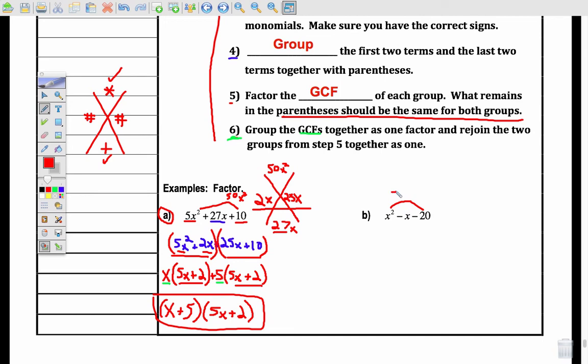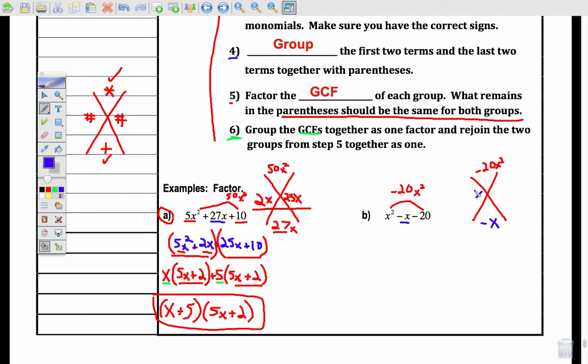Same steps. First thing we did, multiply these together, which gives us negative 20x squared. All right, set up our x. Got negative 20x squared on top. The middle term in this problem is negative x. So that's what goes right here, negative x. I got to figure out what times what gives me negative 20x squared, and the same two numbers added together gives me negative x.